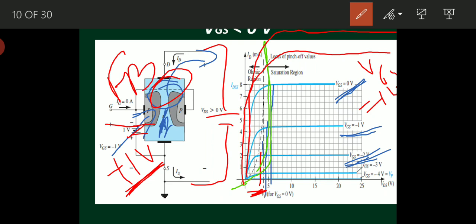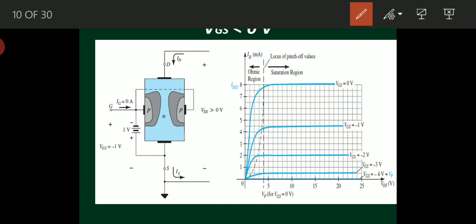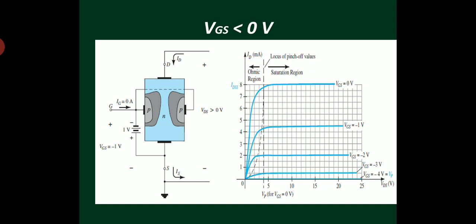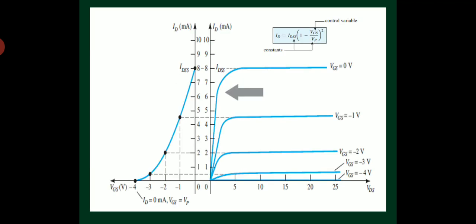If I increase VDS much more, then only I will get pinch off condition. So graph shifts towards upside. Okay. So this is about drain characteristics of JFET. So what about transfer characteristics of JFET?